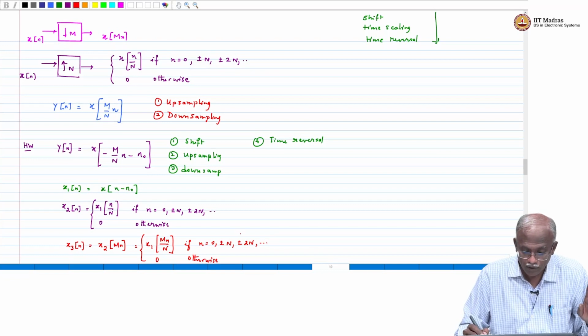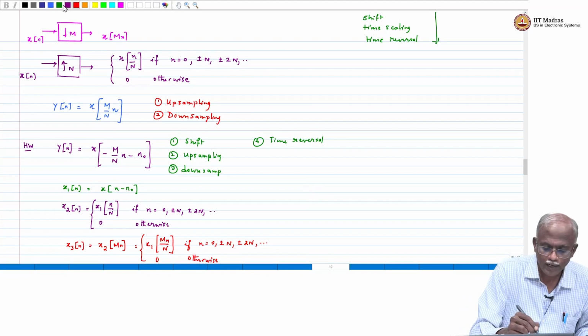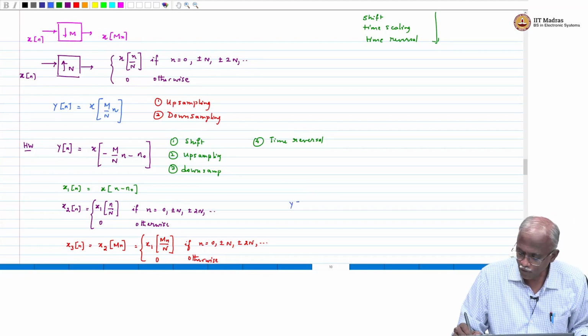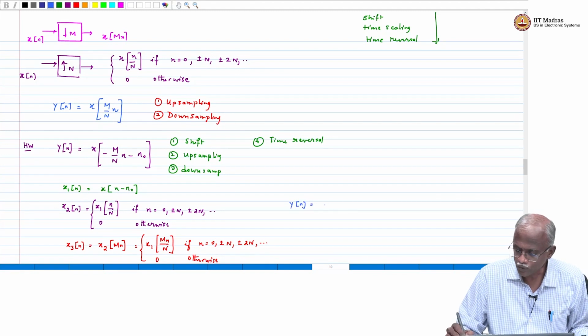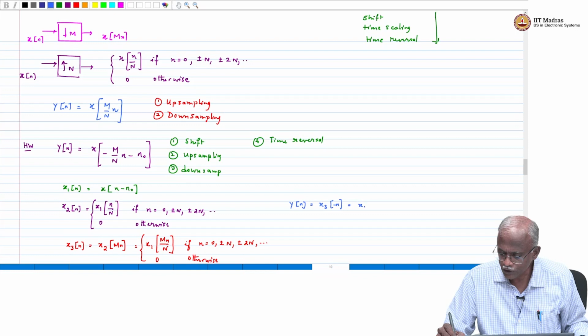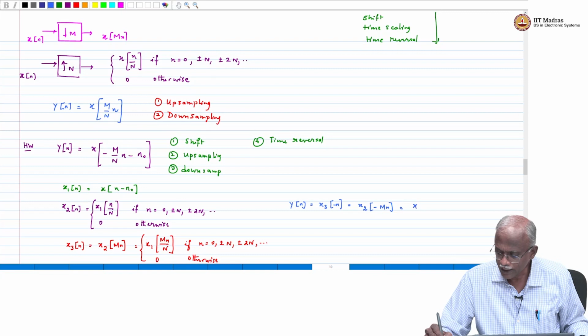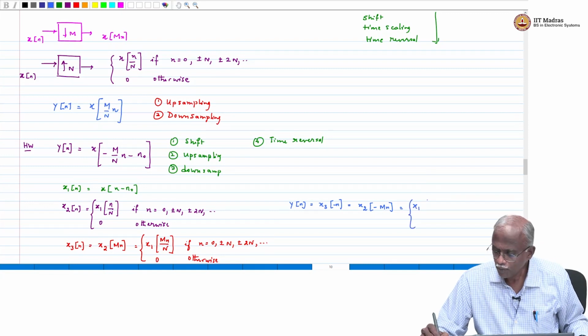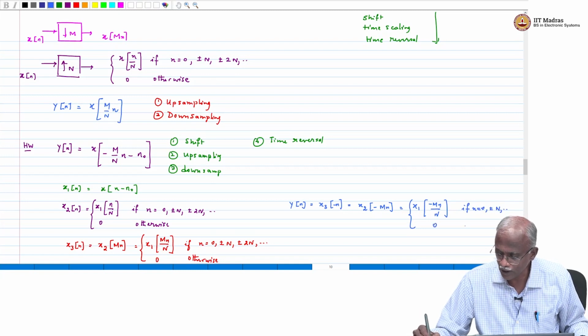Now comes the last and final step. So, we say that the final step y of n is equal to x3 of minus n. Wherever there is n, you replace it with minus n. So, that will come out to be x2 of minus Mn, that will be equal to x1 of minus Mn by N. Again, the condition will be if n equal to 0 plus minus N and so on, 0 otherwise.